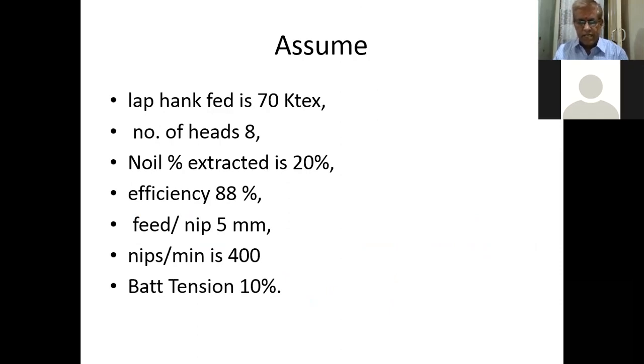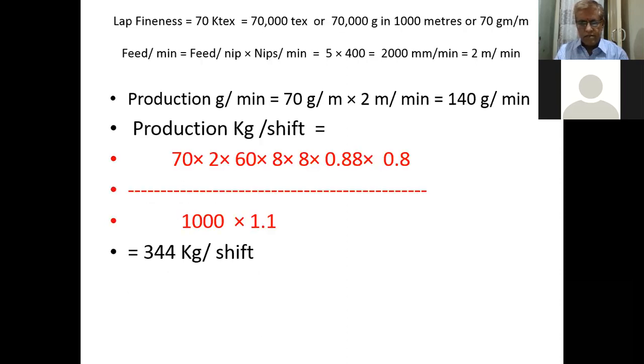Noil percent extracted is 20%, means waste extracted in Comber is 20%. Efficiency is 88%. Feed per nip is 5 mm. Nips per minute is 400 nips per minute. And bed tension is 10%. So with these particulars, how will we calculate the production of Comber per shift.